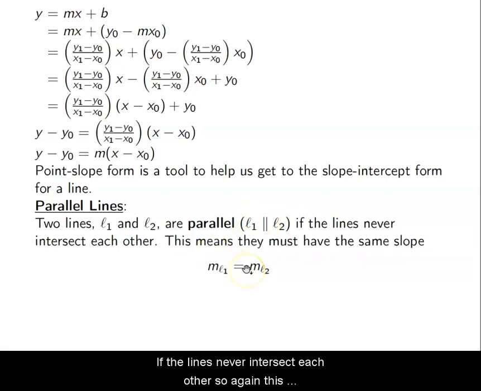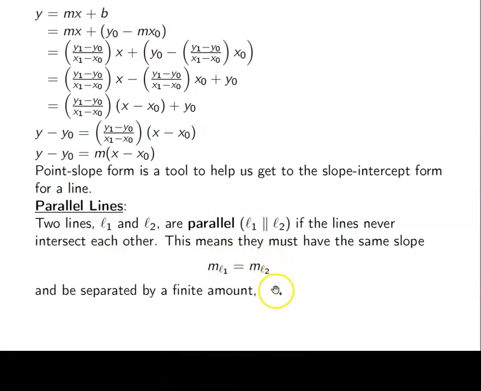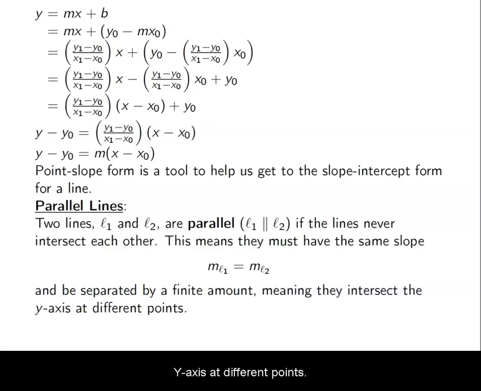So again, this means they have to have the same slope. Here, m with subscript L1 is the slope of the line L1, and m with subscript L2 is the slope of the line L2. Okay, so that means the lines have to be separated by a finite amount as well, because they can't lie one on top of the other, which means that they intersect the y-axis at different points.